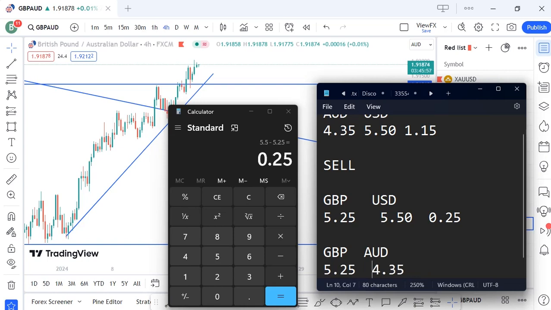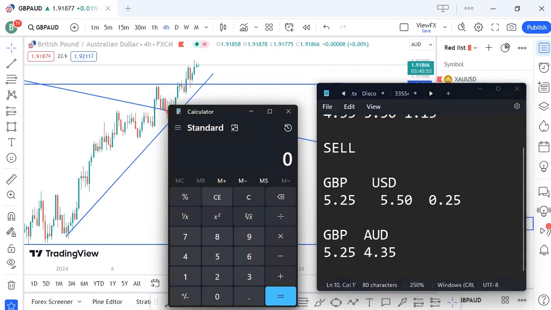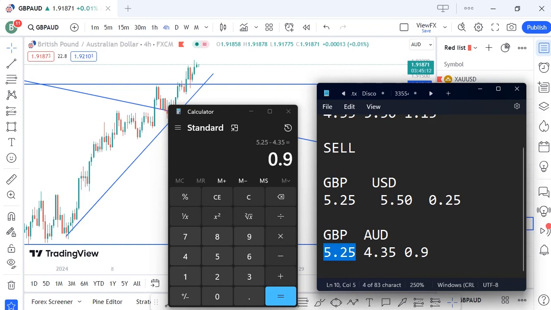So let's compare and find the difference. So we say 5.25 subtract 4.35. That will give you 0.9. So it means that Great Britain is heavier than Australian dollar. So what we expect this pair to do is this. Since Great Britain is heavier, we expect a buy from this pair.